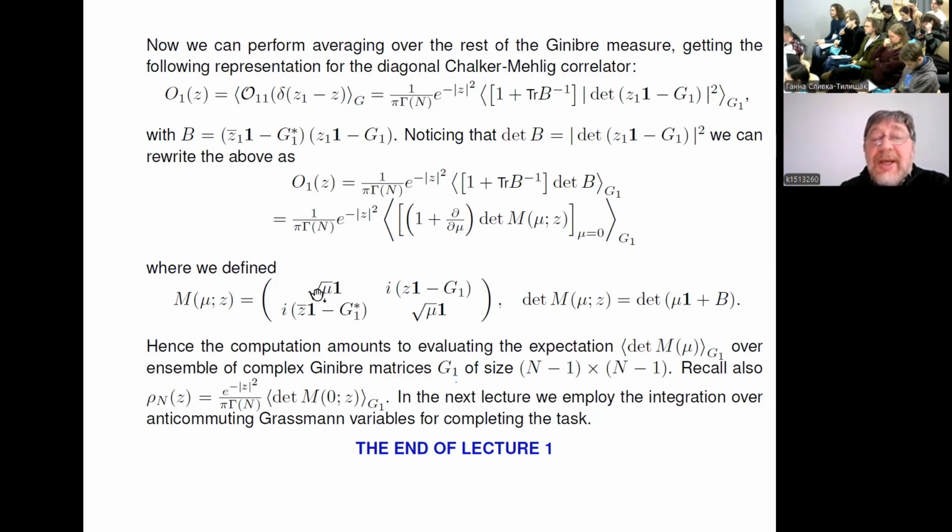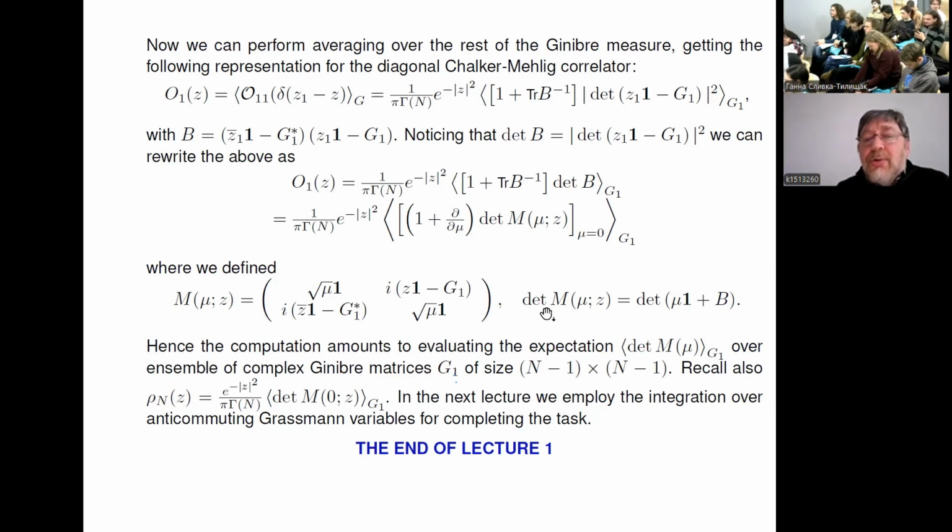On the diagonal, we have square root of mu times the identity matrix. And off the diagonal, up to factors of i, we have these n by n matrices, which are characteristic matrices for G1.